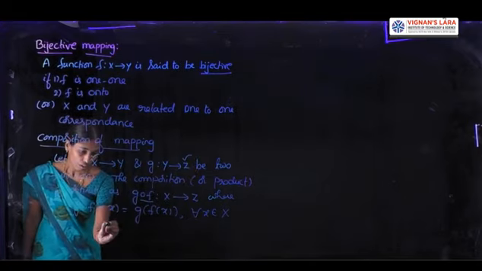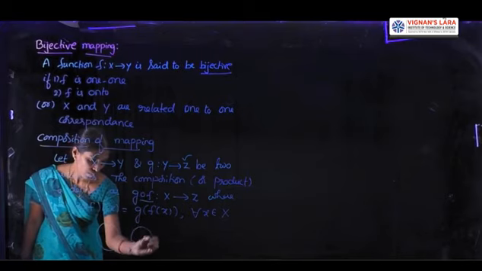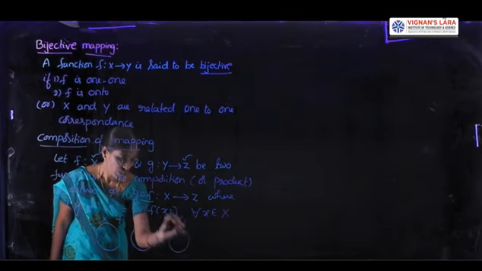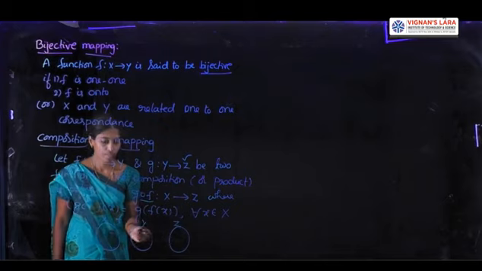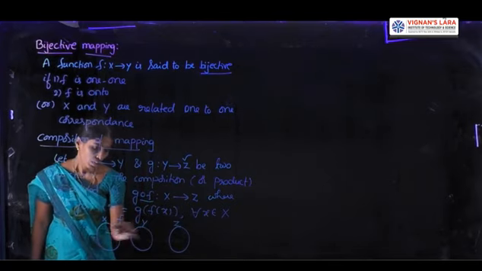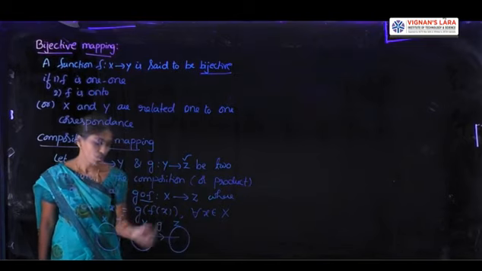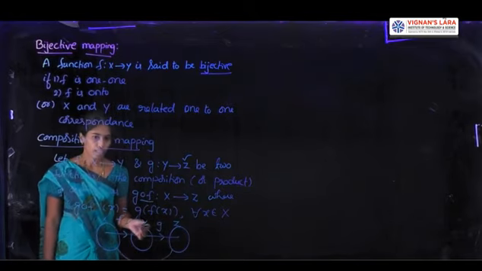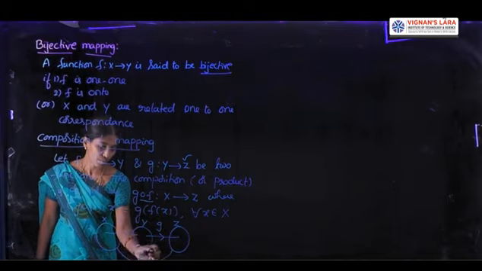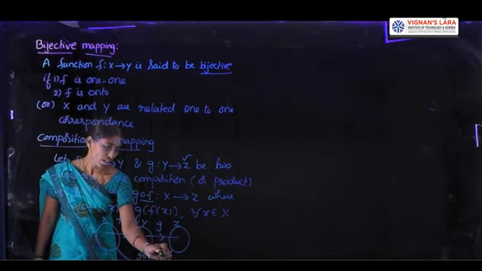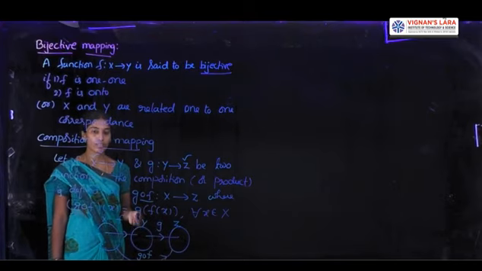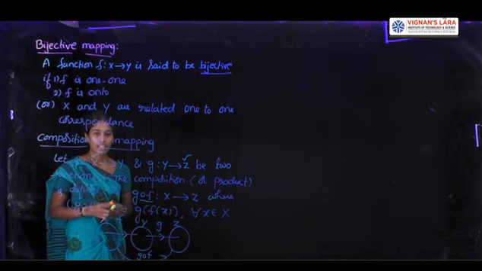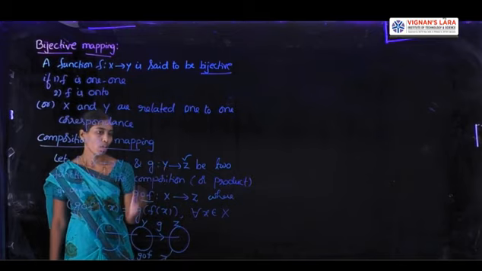If we draw the diagrams, f is a function from X to Y and g is a function from Y to Z. Then g circle f is a function from X to Z. Here the condition is, whenever we define g circle f, the codomain of f is equal to the domain of g.